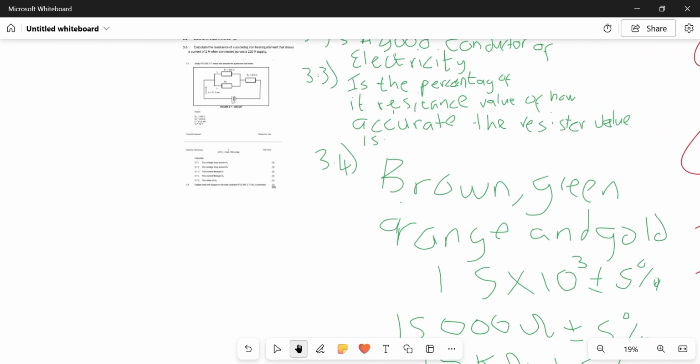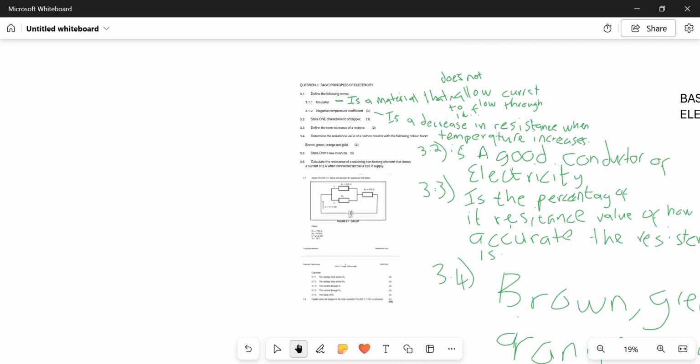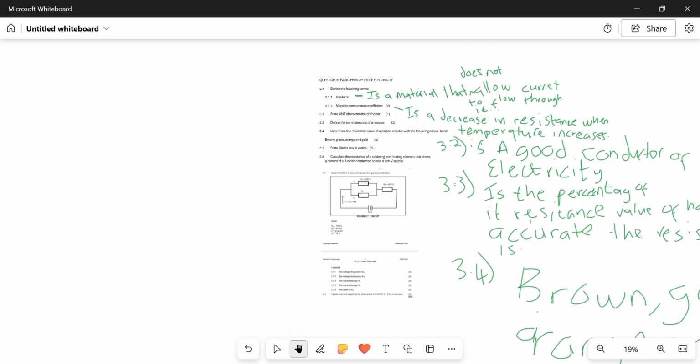So now we are gonna focus on 3.5. Let me write it this side. 3.5. Let me use the black one this time. 3.5, it says state the Ohm's law in words.